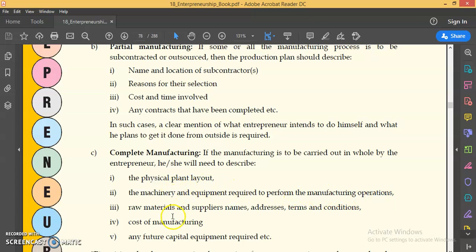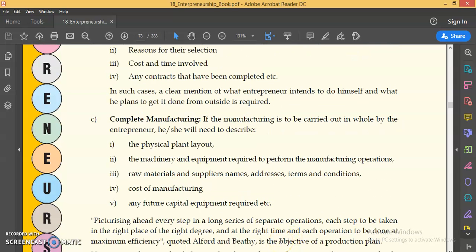Then raw materials and suppliers' names, addresses, terms and conditions, cost of manufacturing, any future capital equipment required, etc. So, if you're going to manufacture completely, you're not going to outsource anything. All the spare parts you're going to make, and assembling also is going to take place in your factory.